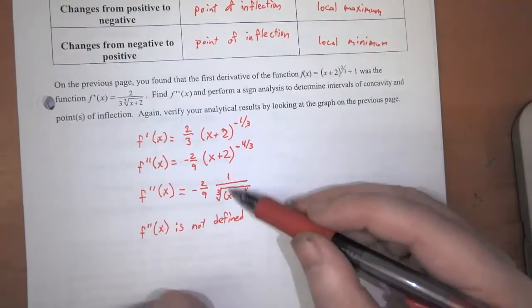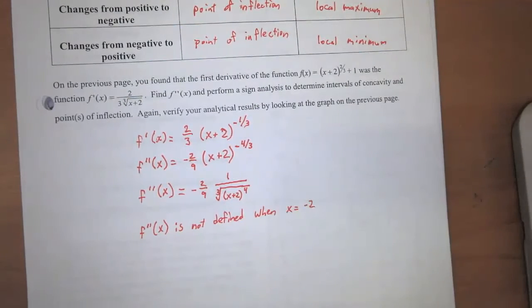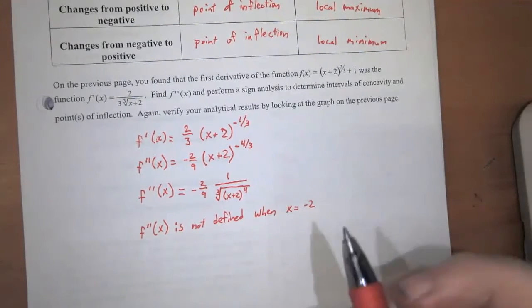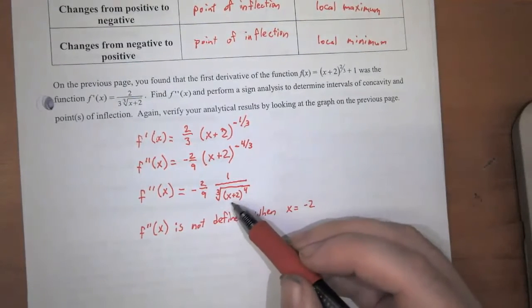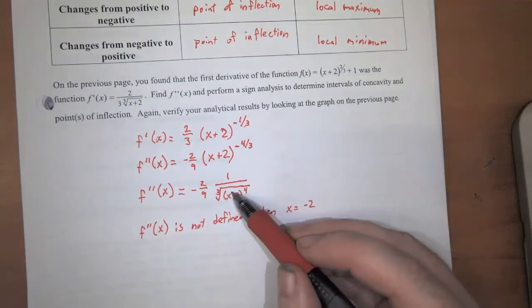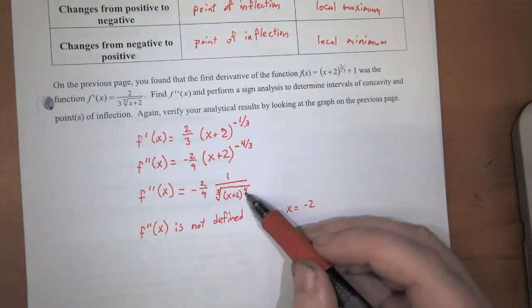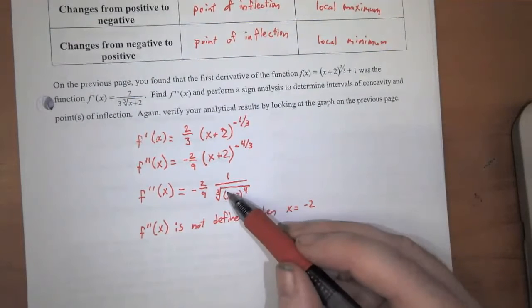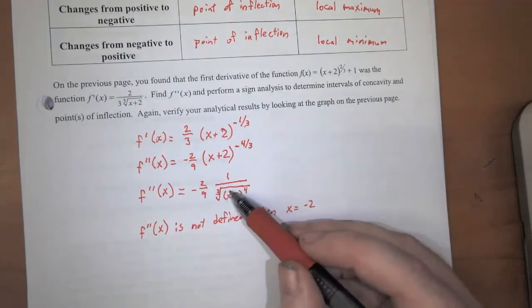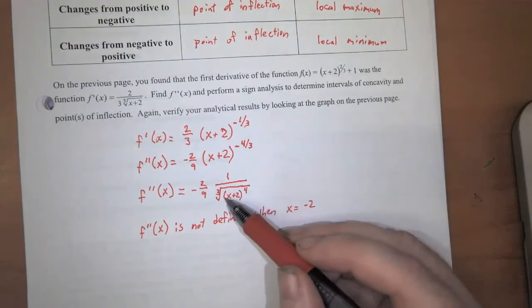It's all still 0, and dividing 1 by 0 gets us into a mess. What happens when x is not equal to -2? Well, when x is not equal to -2, this thing is not 0, and then we raise it to the 4th power, and since it's even, this is always going to be a positive number. And so the cube root of this positive number is always going to be a positive number.